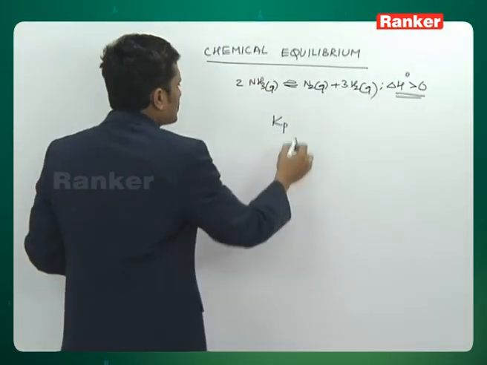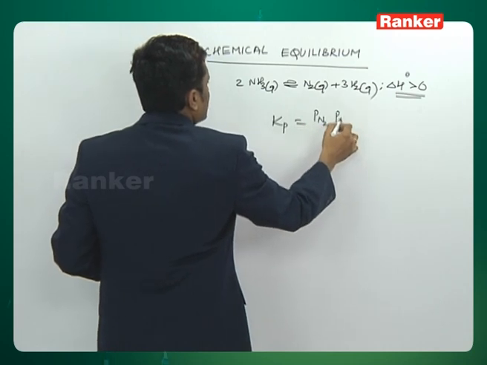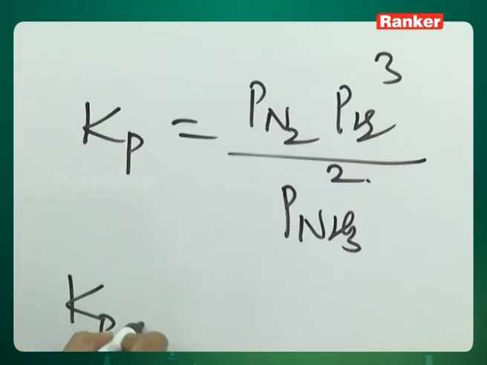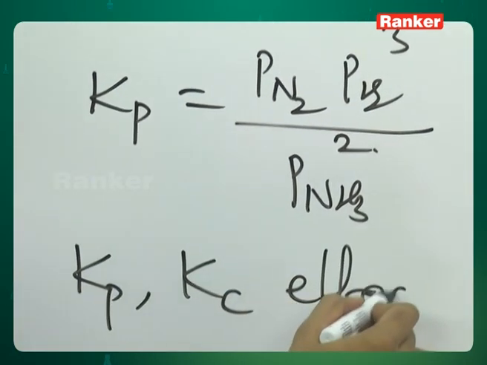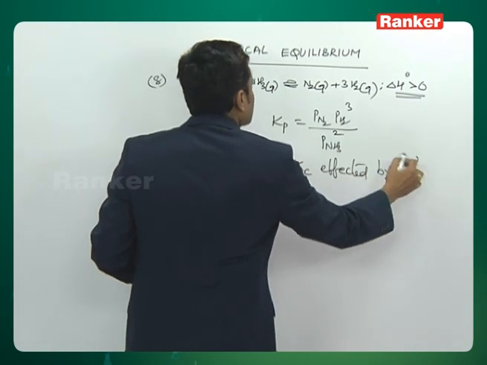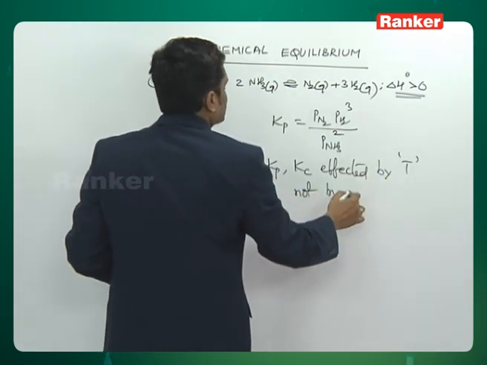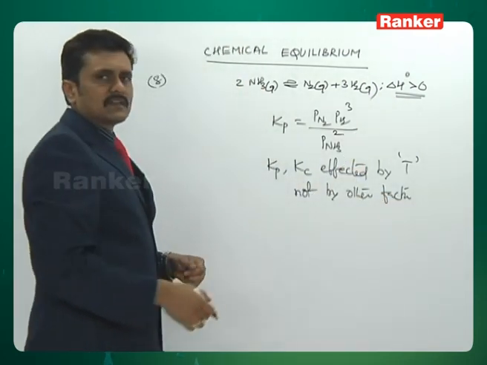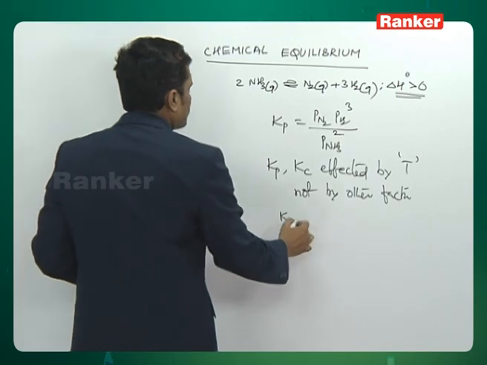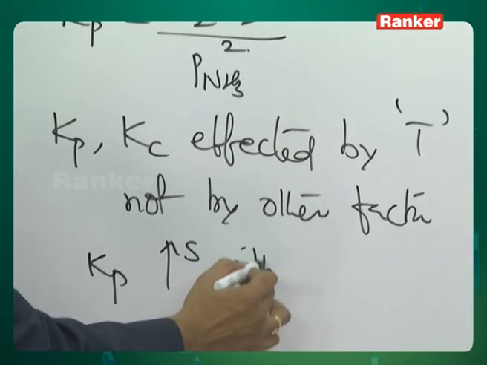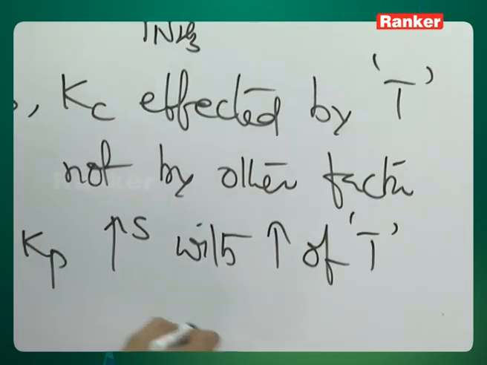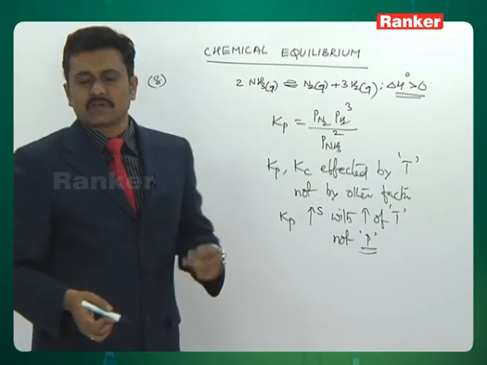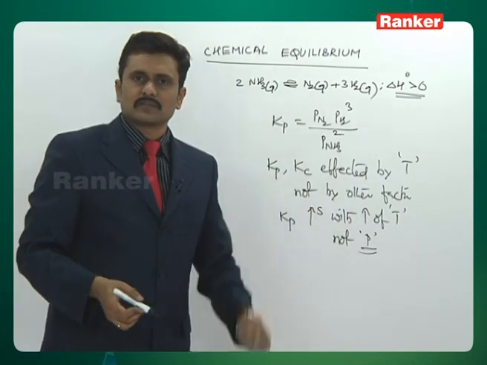When you write the equilibrium constant as this, you know that Kp and Kc are affected only by temperature but not by other factors. And since this is an endothermic reaction, I can say this Kp increases with increase of temperature but not pressure or volume, because pressure or volume is going to affect the direction of the equilibrium but not the equilibrium constant.